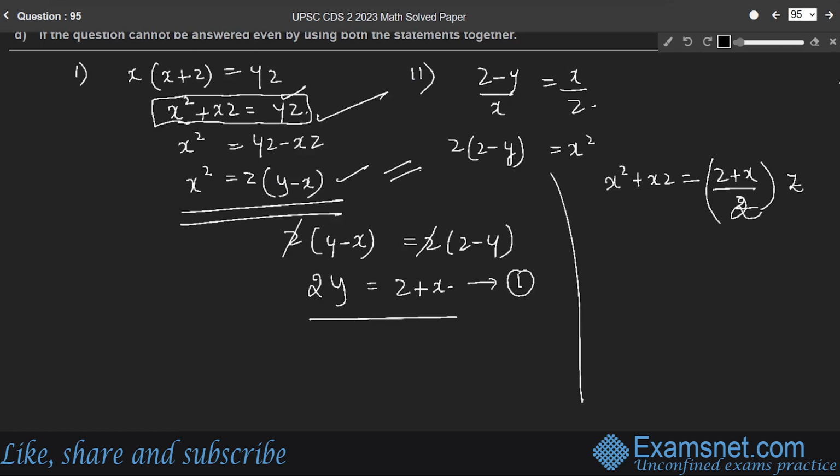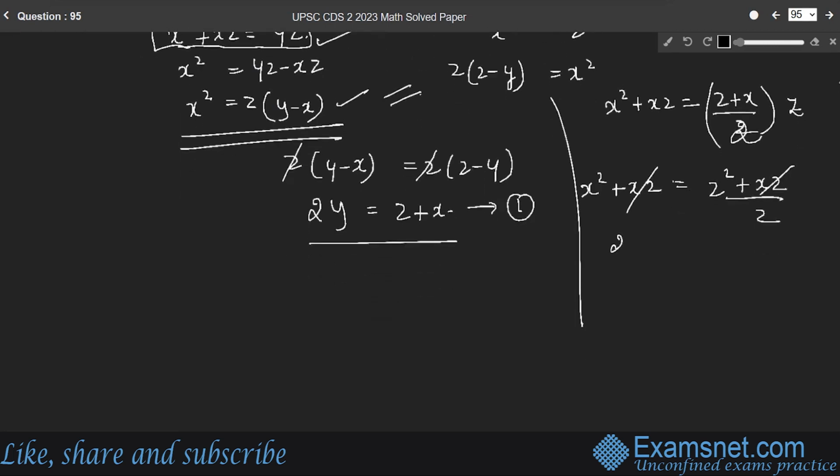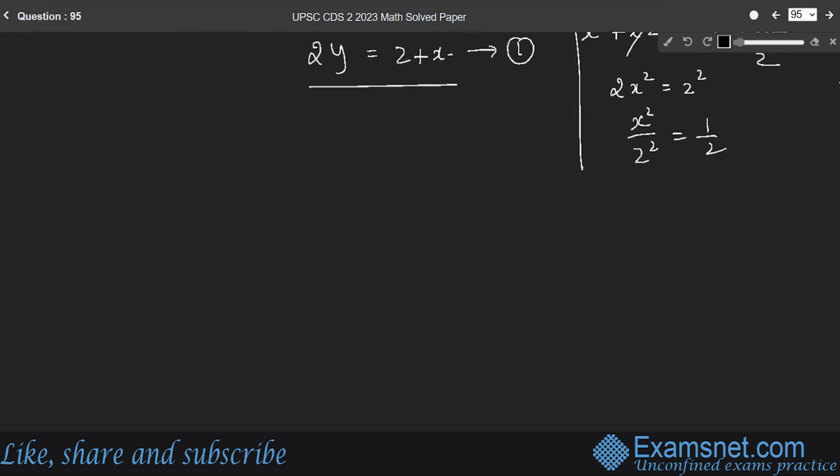So z square plus xz by 2 is x square plus xz, so that we can cancel xz and xz. Therefore, 2x square is equal to z square. That means x square by z square is equal to 1 by 2. X square by z square is 1 by 2, and x by z is the square root of 1 by 2.